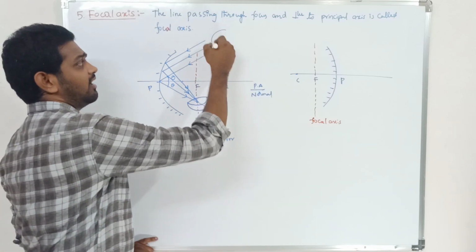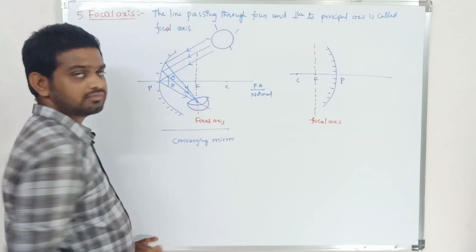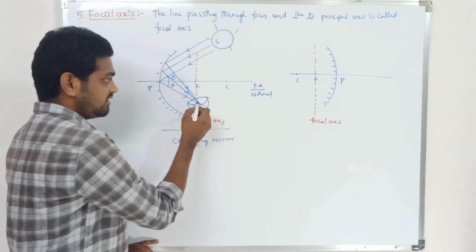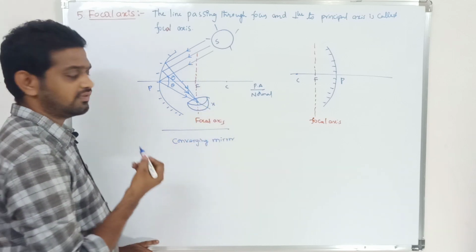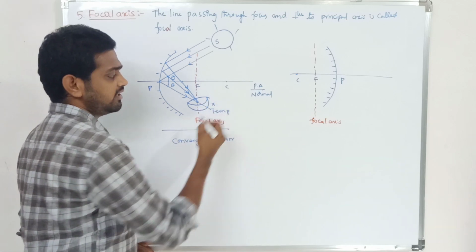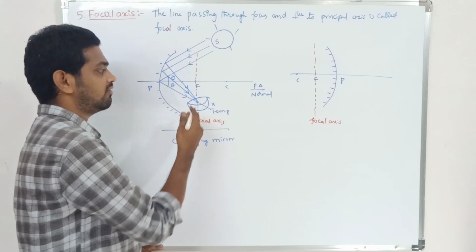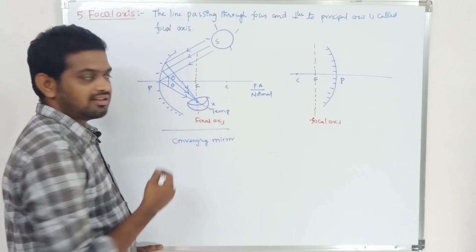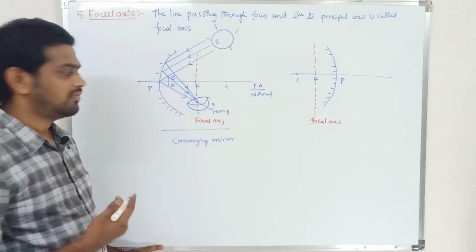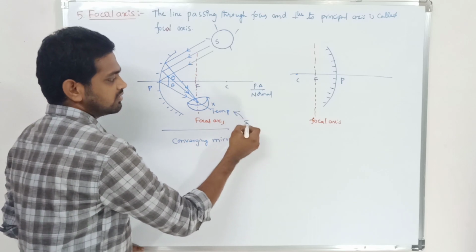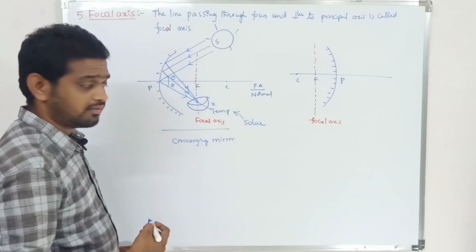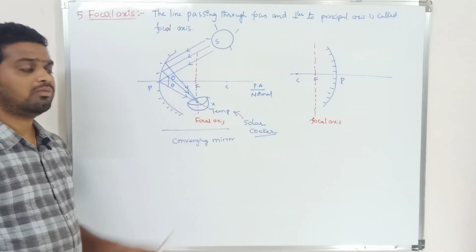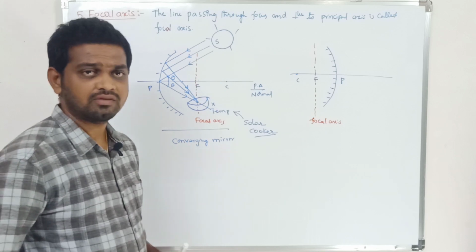Whatever sunlight falls on it will be converged at this point X. By means of that, the temperature at that point is going to increase. So whatever water or cooking item is there in the bowl is going to be heated up. This application is used in the manufacturing of the solar cooker. Is it clear, children? So a concave mirror is used in the manufacturing of a solar cooker.